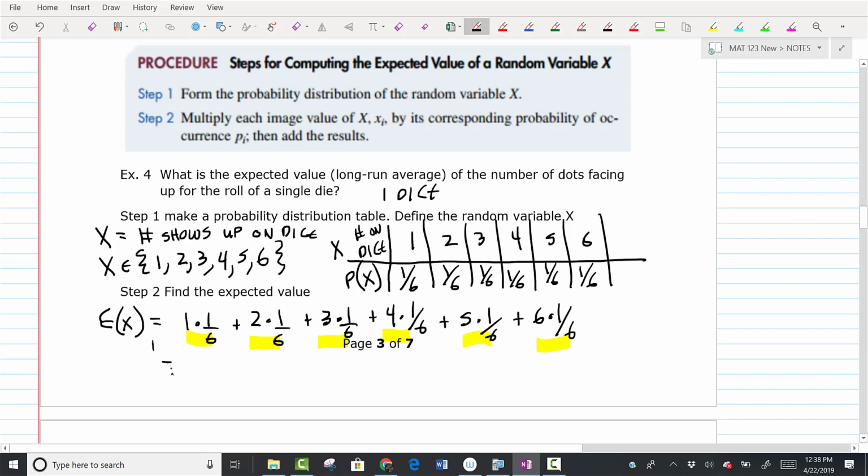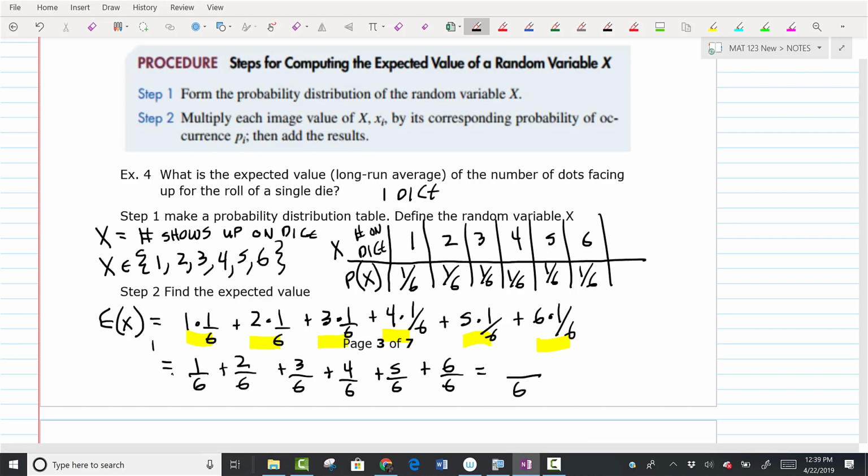So this is going to be 1/6 plus 2/6 plus 3/6 plus 4/6, multiplying fractions straight across, plus 5/6 plus 6/6. They all have a common denominator. And if you add those numbers on top, that would be 11, 15, 18.